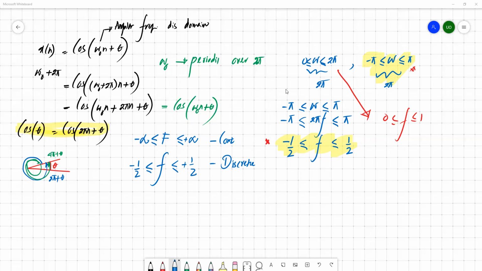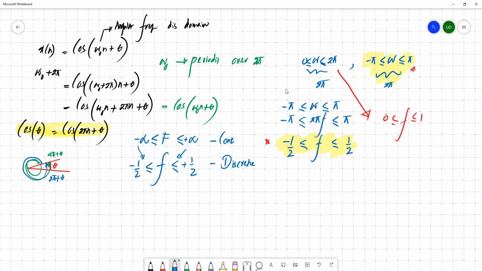So here the frequency can be any value between minus infinity and plus infinity. Once you convert it into a discrete form, the discrete frequency is in between minus half and plus half. So whatever the frequency component in this continuous domain is mapped to this range.